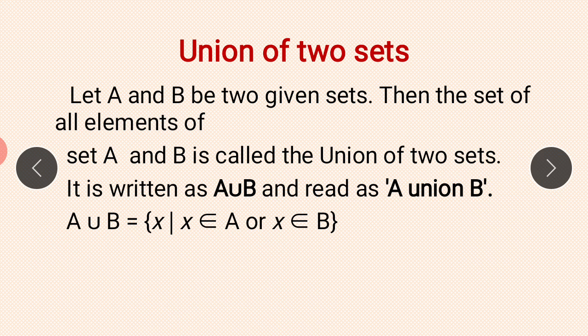Union of two sets. Let A and B be two given sets. Then the set of all elements of set A and B is called union of two sets, and it is written as A union B, and it is read as A union B. A union B is equal to what?